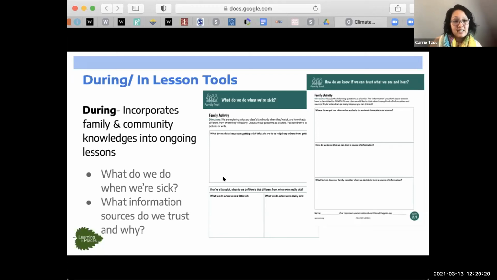You get families' ideas about where they get their information and how they know to trust those sources. You get information like, our most trusted sources of information are maybe elders in our community. That's really informative for you as a teacher to inform your discussions in classrooms.